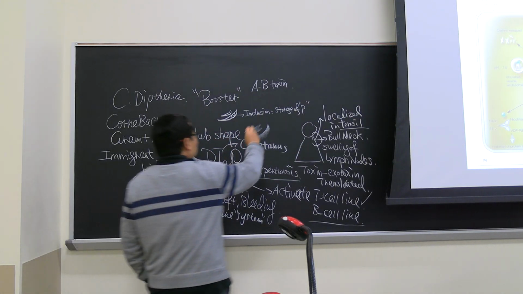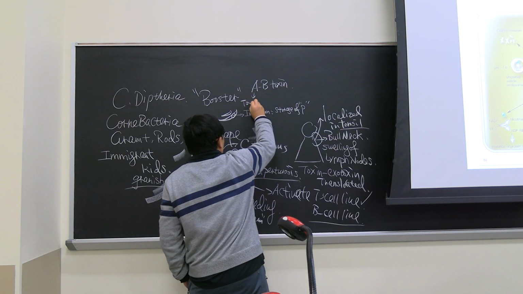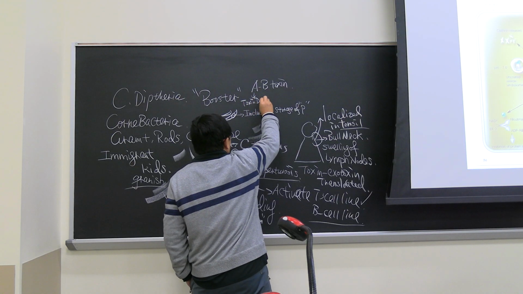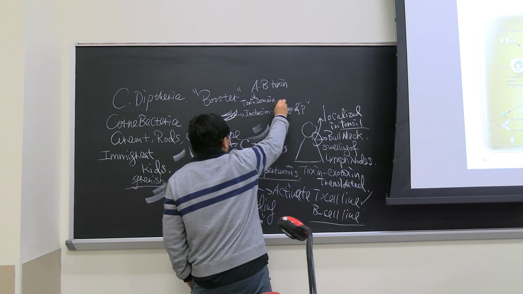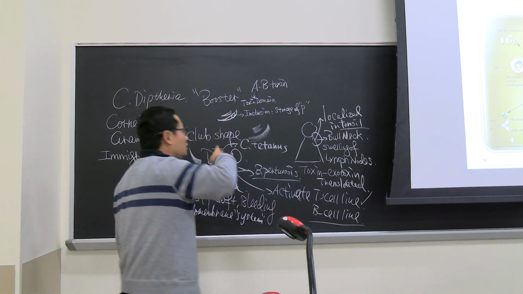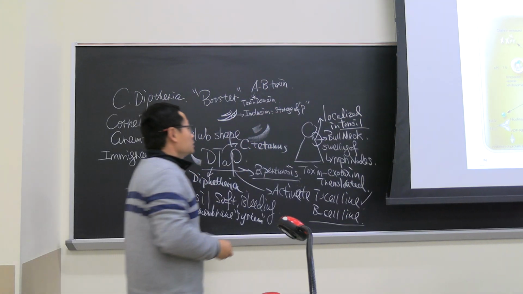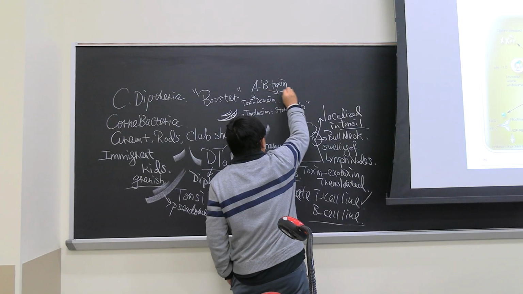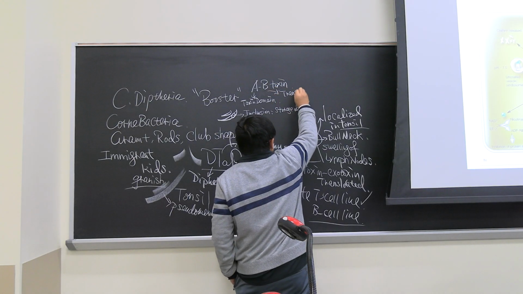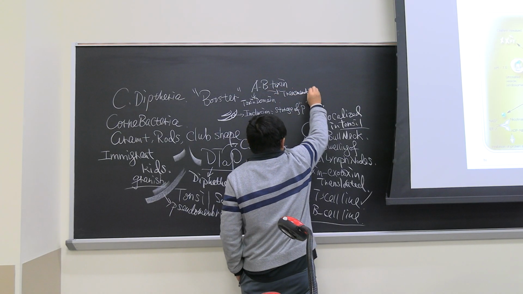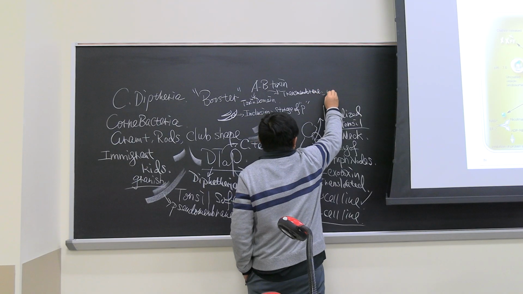The A domain is usually the toxin domain, which of course causes inflammation. The B domain we call the transmembrane domain. This usually causes bleeding.